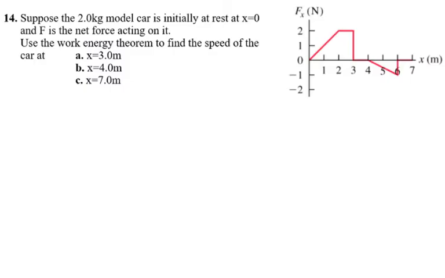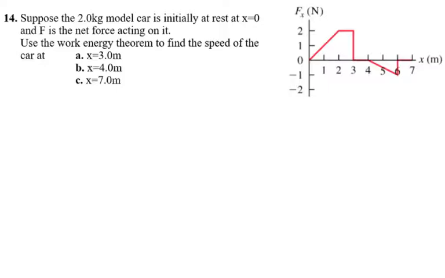So here's one question that I want to look at as well. Sometimes you see a graph on the AP exam and you have to figure out how to solve those types of questions. So suppose a 2 kilogram model car is initially at rest at x equals 0, and a force is the net force acting on it.